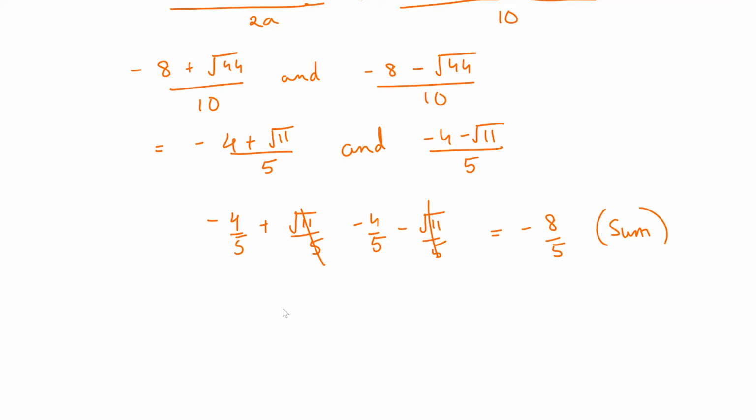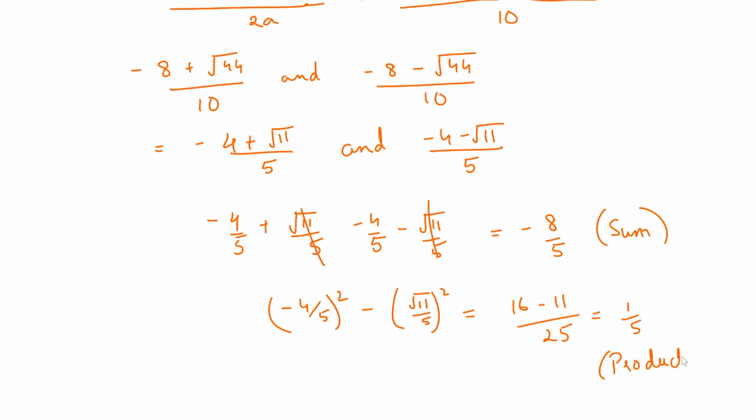So you'll get minus 4 by 5 the whole square minus root 11 by 5 the whole square. So that gives us 16 minus 11 by 25, that is equal to 1 by 5. So this is the product of the roots. Minus 8 by 5 and 1 by 5 are the sum and product of the roots respectively.